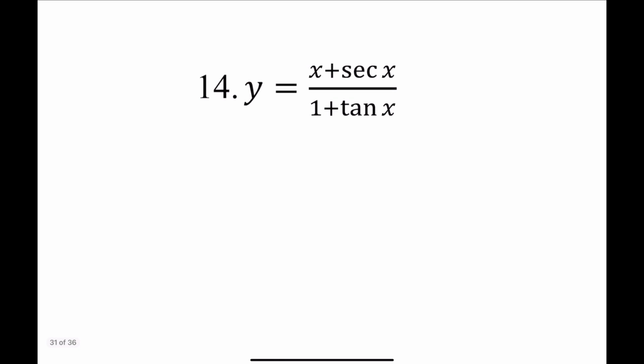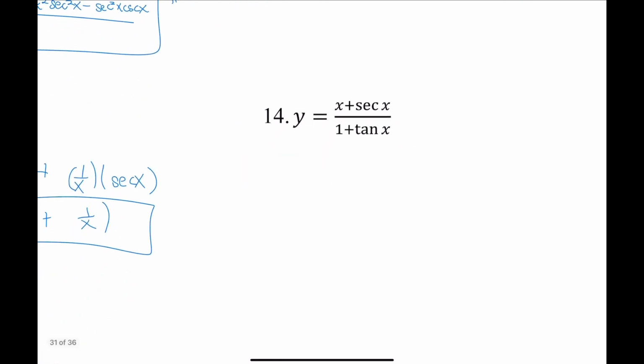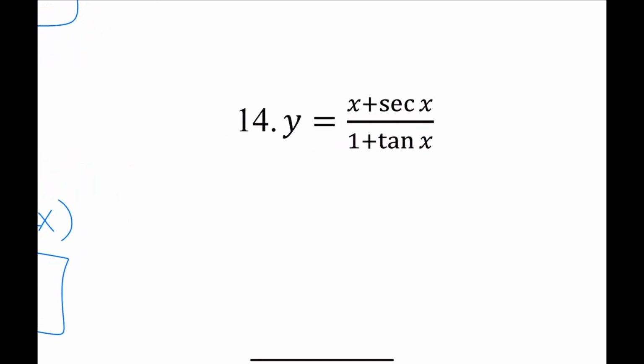Okay, and then number 14 is a quotient rule problem. And then this one, I think we can change it to product rule, but for now I'm going to demonstrate how to do a quotient rule practice for trigonometric differentiation. So we'll just do quotient rule here.